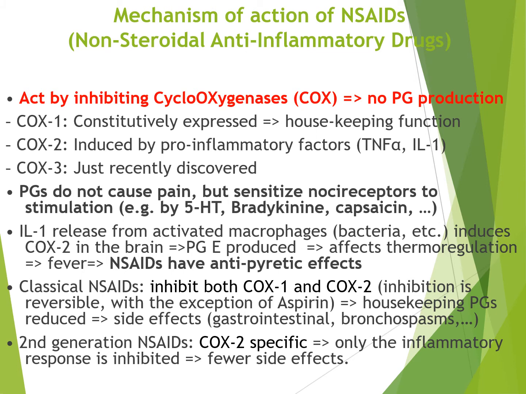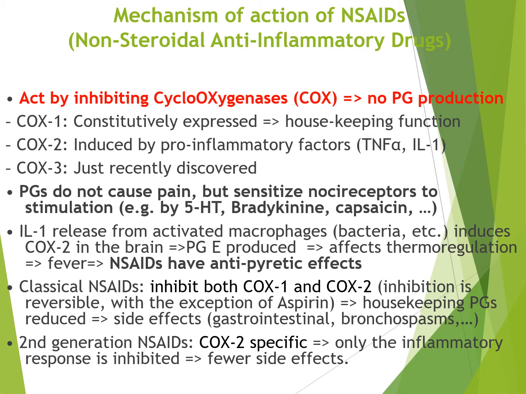They act by inhibiting cyclooxygenases, which means there is no prostaglandin production. There are three types of COX. We discussed COX-1 and COX-2. COX-1 is constitutively expressed and its main role is housekeeping function.